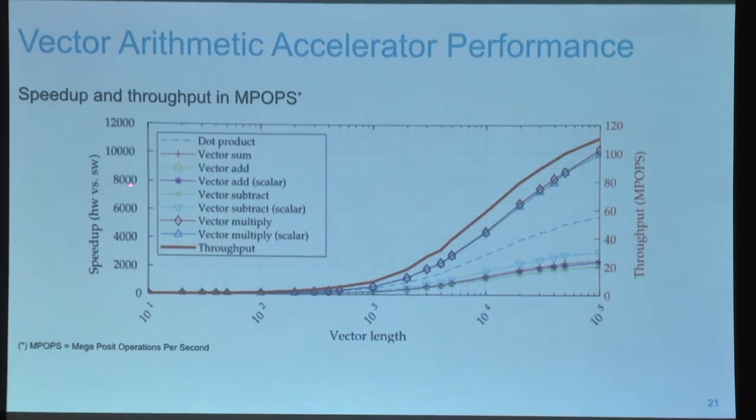So we're about 4 orders of magnitude faster than the emulation library if you do the vector operations more naively. We get over 100 megaPOPS, so that's megaposit operations per second. That's quite useful, I would say.